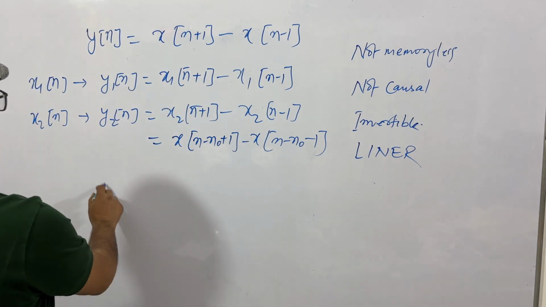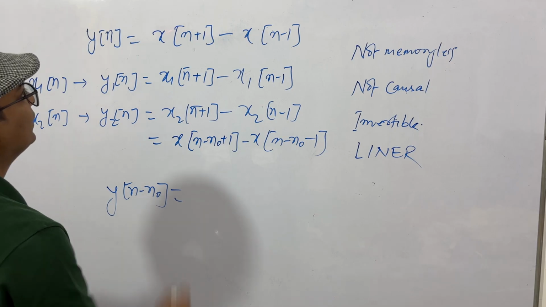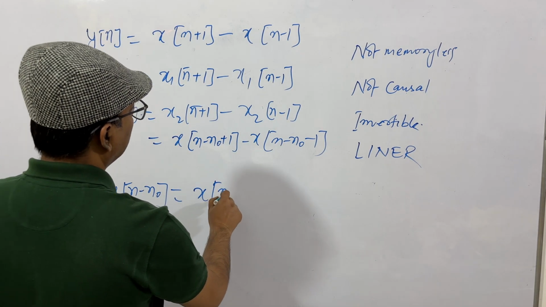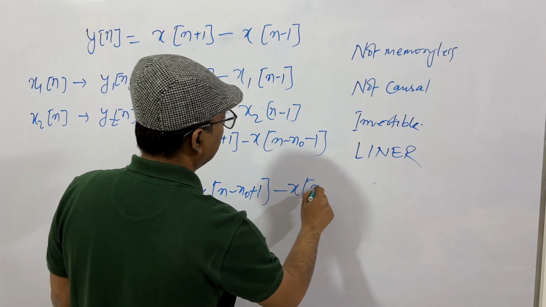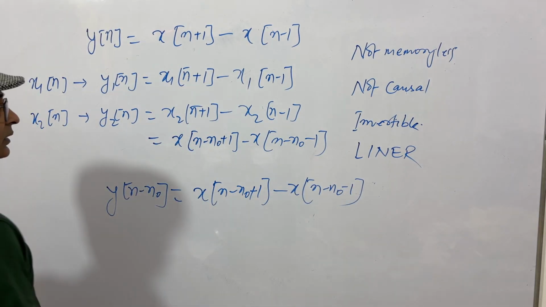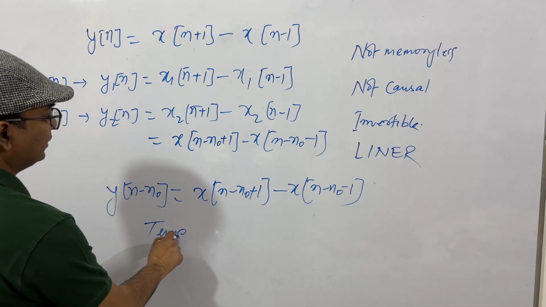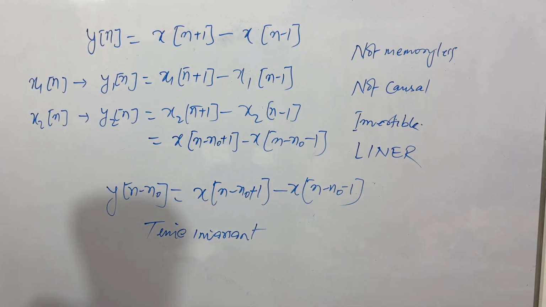And if we put from the direct definition, we get the same thing, x[n-n0+1] minus x[n-n0-1]. Therefore, since these two are the same, the system is time invariant. Clear?